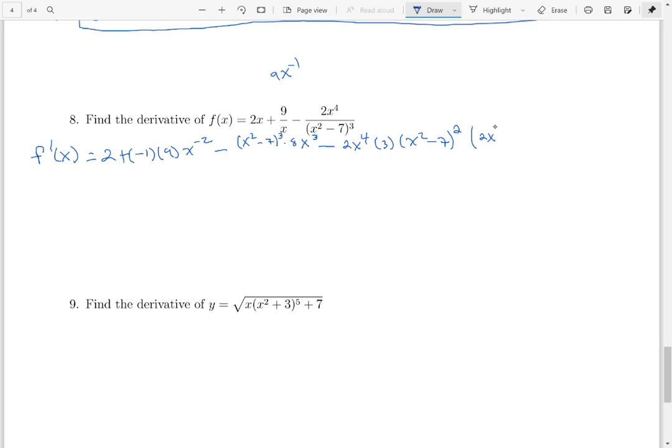The derivative of 7 is 0, and so we have that.